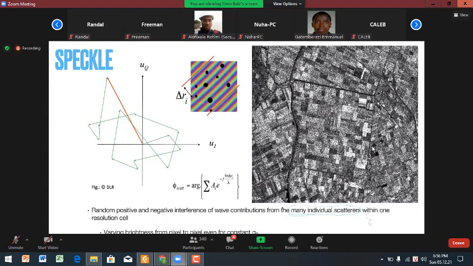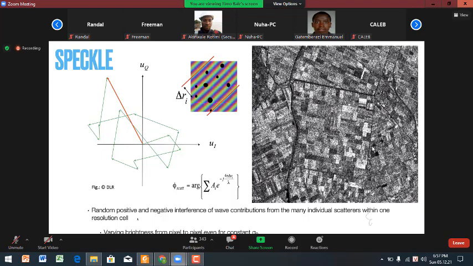Many scatterers in one pixel. That's to say, if we only have one scatterer in a pixel, we do not have speckle. Speckle comes from many small scatterers in one resolution cell. If we have that, then we have speckle. If we only have one, we do not have speckle.